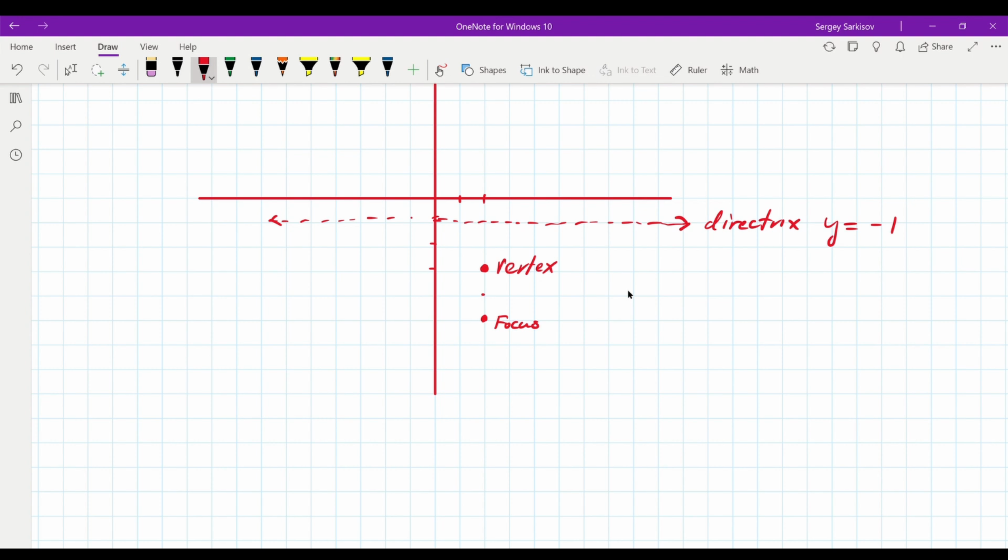So basically, let's say we have, for example, here, focus. So like this, points like this. This is going to be our parabola. That's how you think of it. Let me make it a little neater here. That's how a parabola will look, okay?